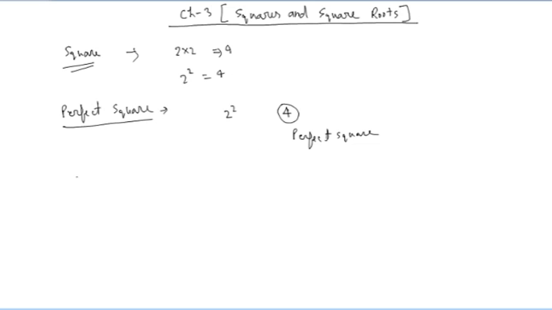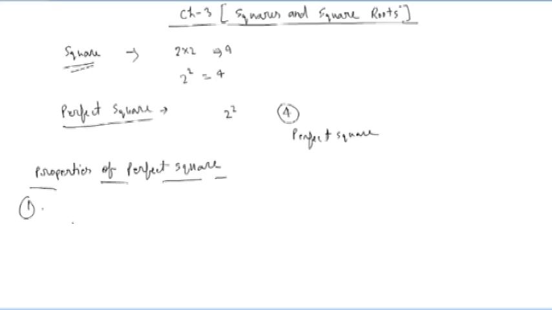Okay, and there are properties for perfect squares. The first property is that a perfect square is never negative, which means a perfect square is always positive.